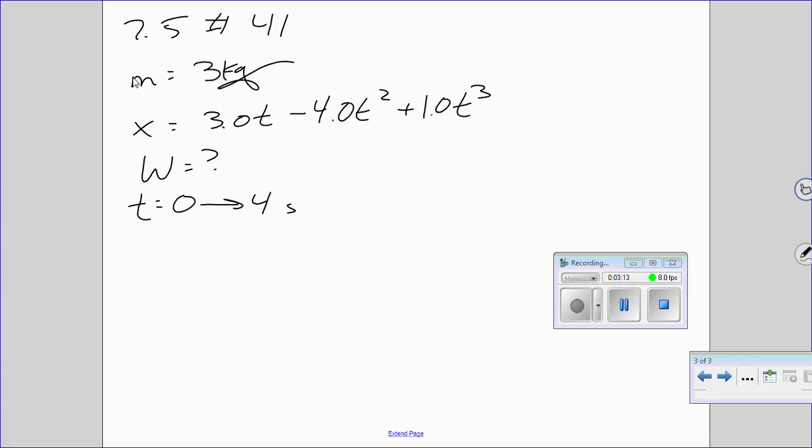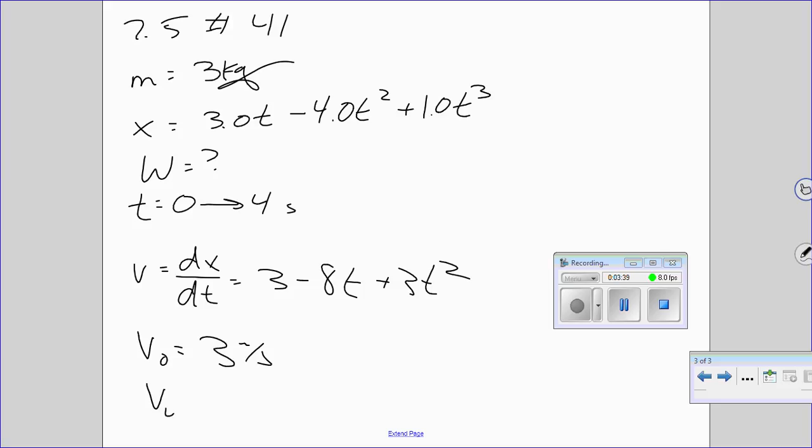Okay, so if this is our x, then v is dx/dt, so we have to take a derivative of this, and you're going to get 3 minus 8t plus 3t squared. Follow? So v at 0 seconds is going to be 3.